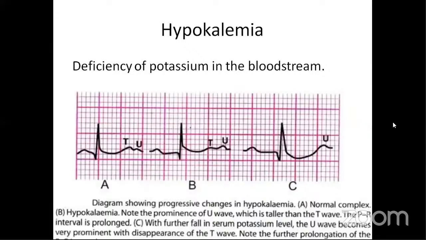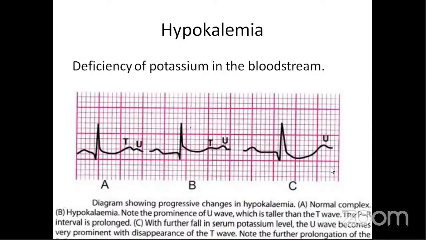So hyperkalemia is high potassium in our bloodstream, and that has an impact on the ECG waveform. Then hypokalemia is deficiency of potassium in the bloodstream. The first one, A, is the normal PQRS complex, that is the ECG complex. The second one shows prominence of the U wave. The T wave is prominent over the U wave in normal, but in a person having hypokalemia, the U wave is prominent over the T wave.